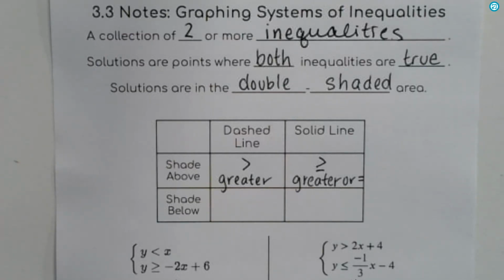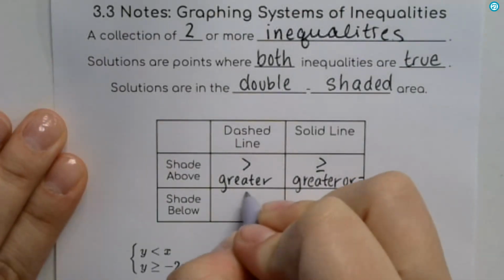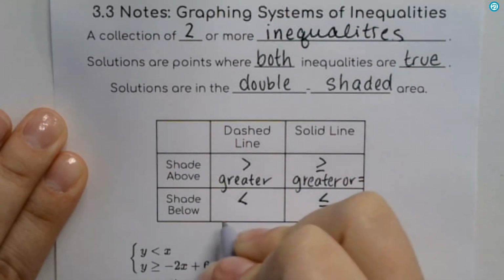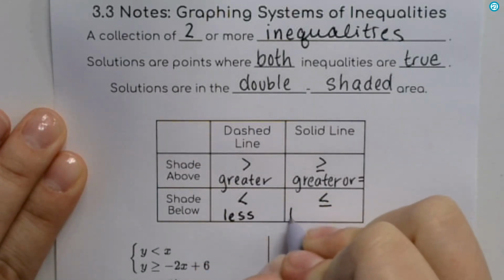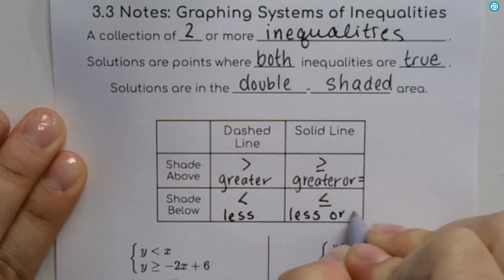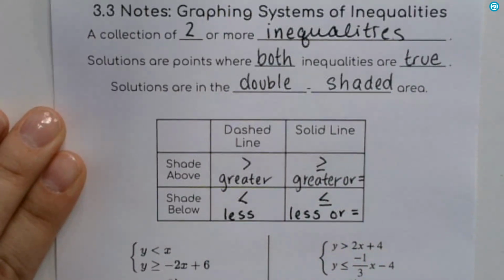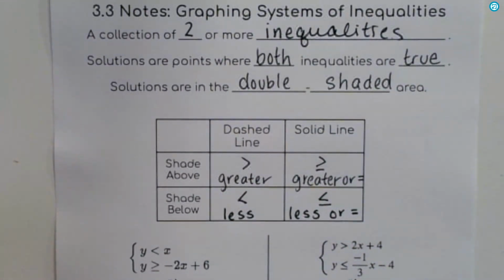And then we shade below less than and less than or equal to. Okay. We still use a dashed line if it's just greater than or just less than. We make it a solid line to signify the or equal to part.